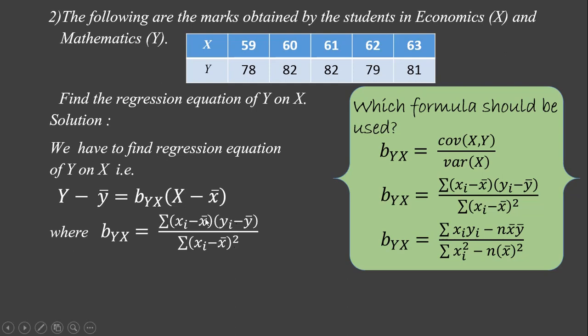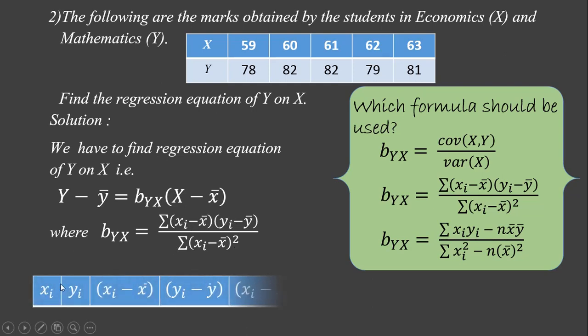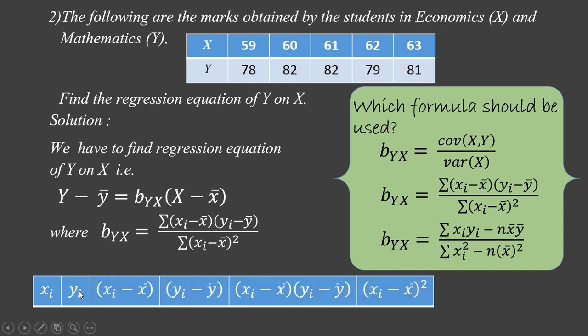So first a column for the given values of xi, then the given values of yi, then the first round bracket xi minus x bar, we find these values, then the second round bracket yi minus y bar. Then we take the product of these two, xi minus x bar into yi minus y bar, in the next column, and taking the sum of all the values in this column, we get the numerator.